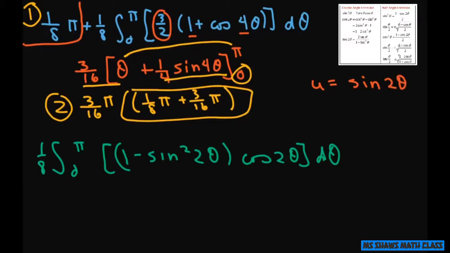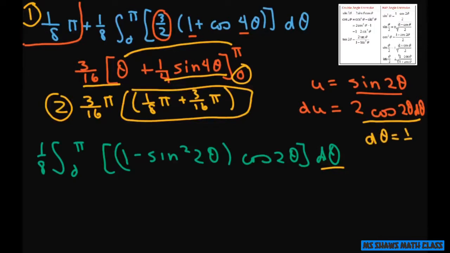I'm going to let du equal 2 cosine of 2 theta d theta. I'm taking the derivative of that. So what I want to do is solve for d theta. So d theta is just going to be 1/2 du.